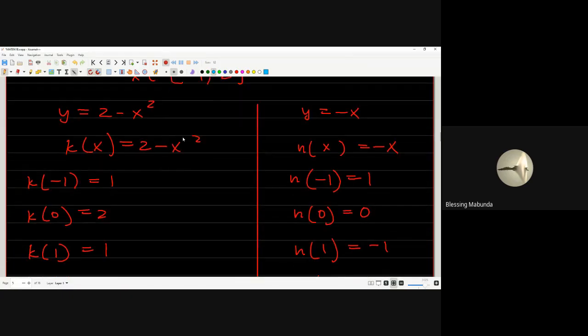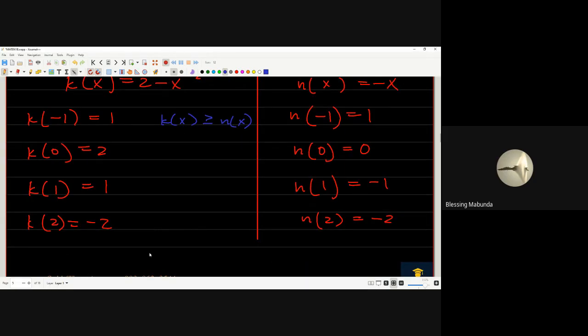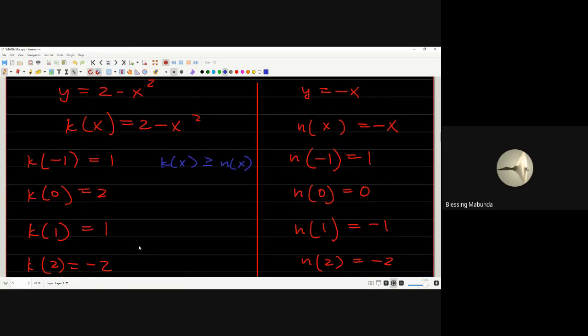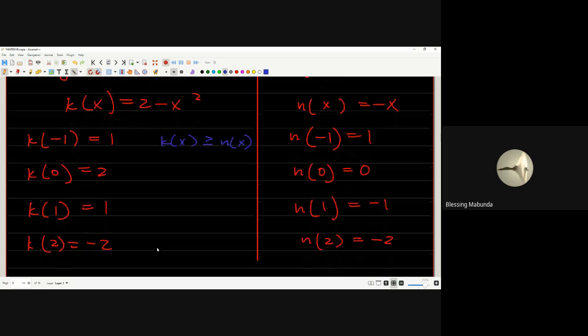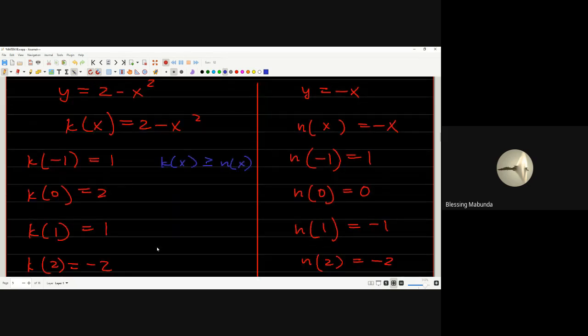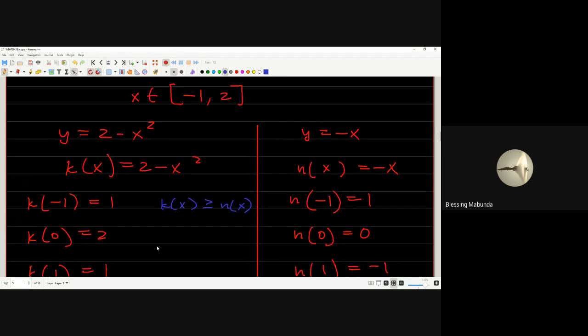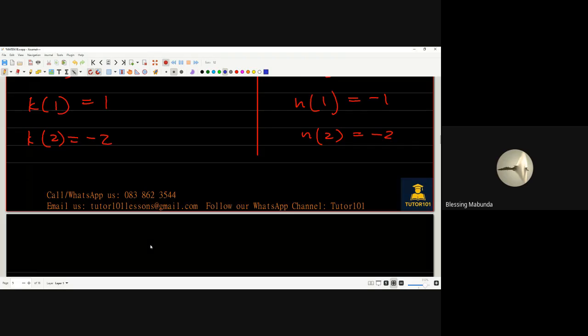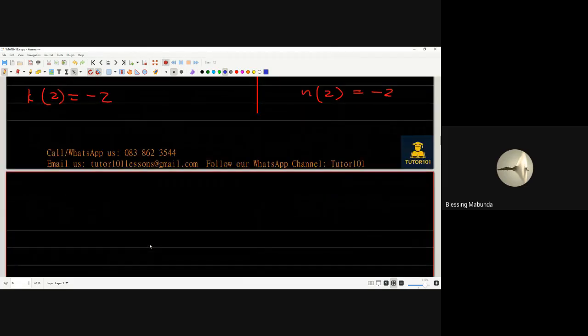And from here, what we note is that k of x is greater than or equal to n of x. That 2 is greater than 0, 1 is greater than minus 1. And the minus 2 here, these two are equal to each other. But k here is greater than or equal to n.